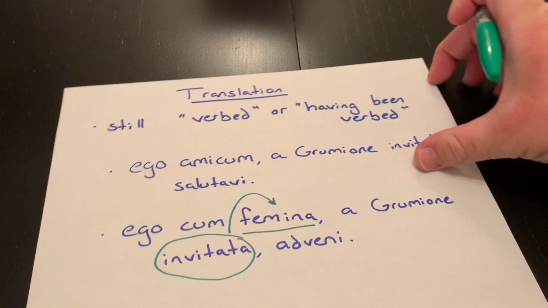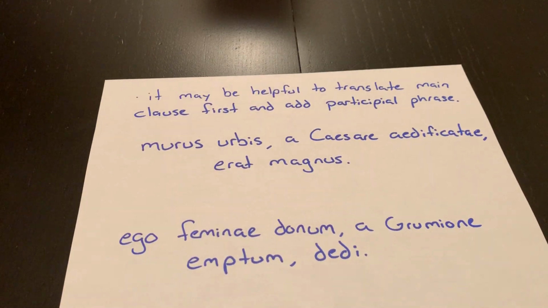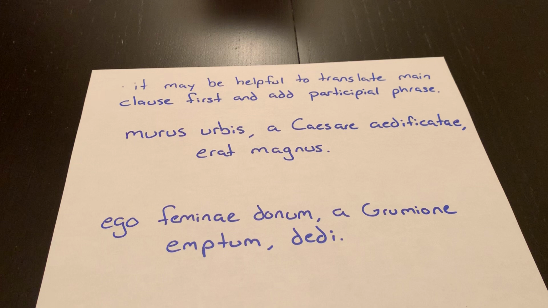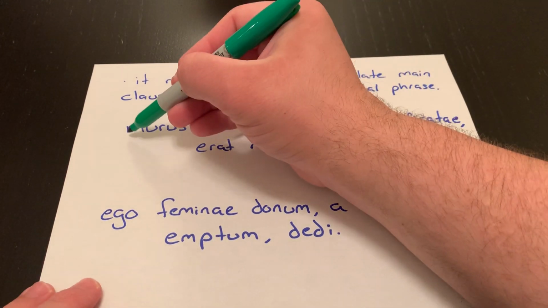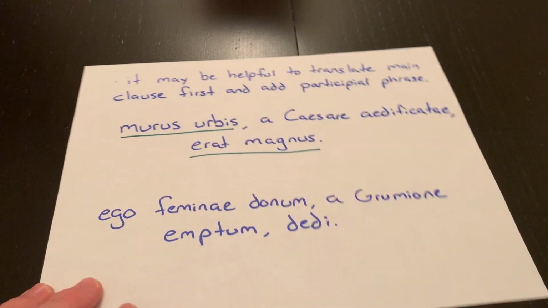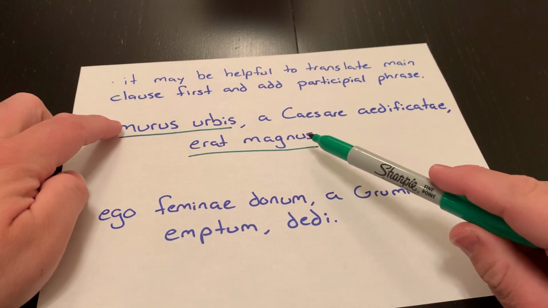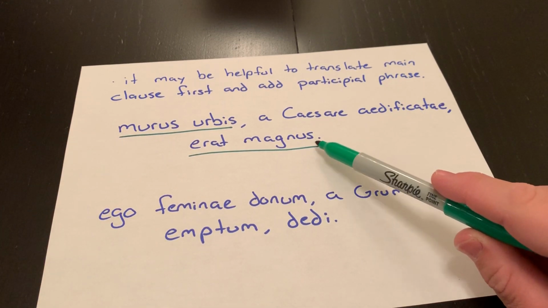Now these can be a little trickier to translate, sort of like when we saw relative clauses. Depending on what word is being modified, it might be helpful to translate the main clause first and then add the participial phrase after the antecedent. So if we look at this sentence, here's our main clause. We took out that participial phrase. And just look at this part here. Murus urbis erat magnus.